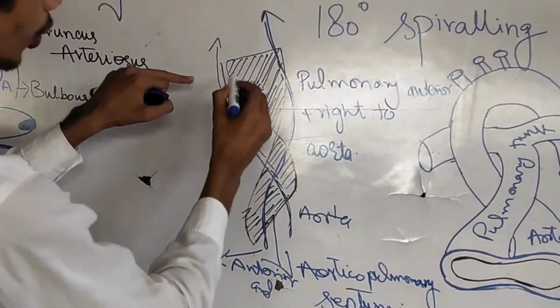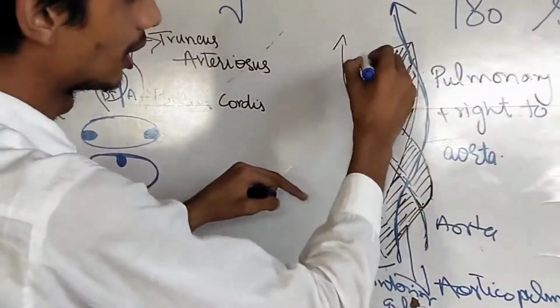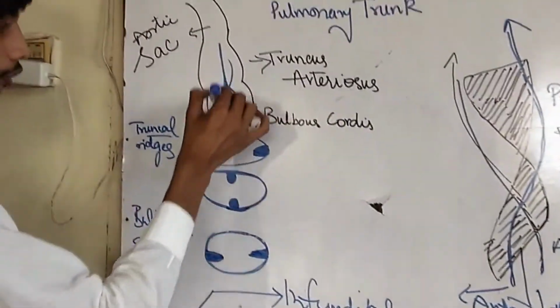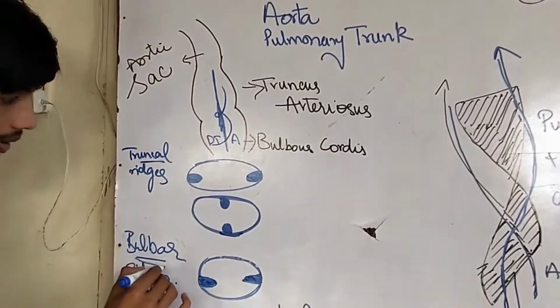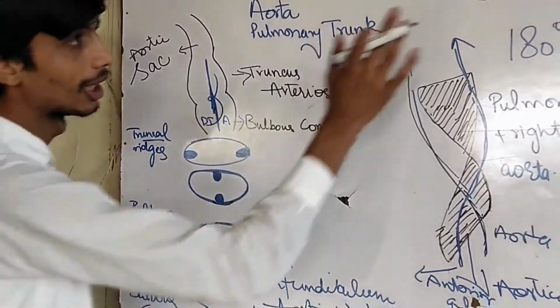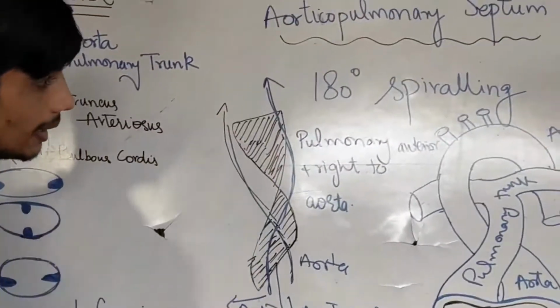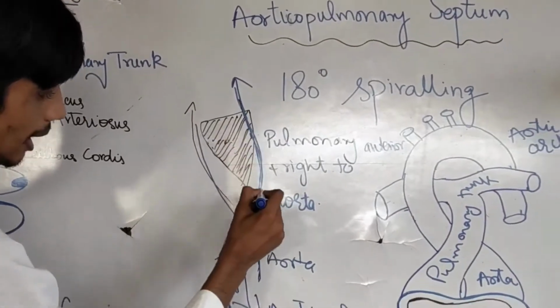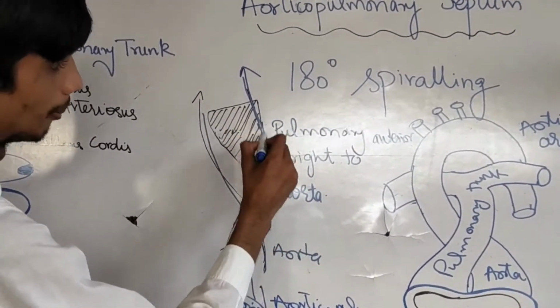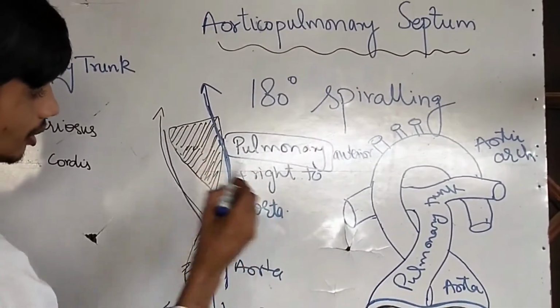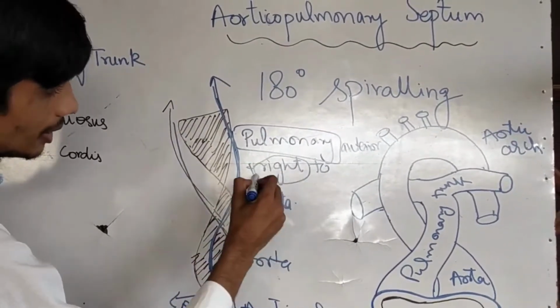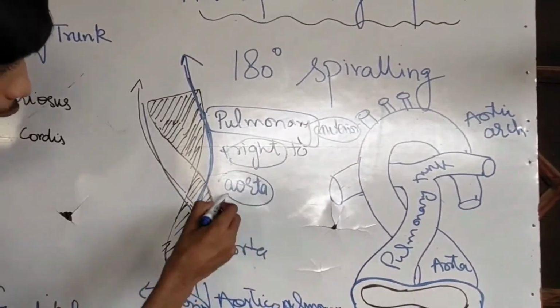This is the aorticopulmonary septum after spiralization. First of all, the truncal and bulbar ridges fuse together, forming the aorticopulmonary septum, and then there is spiralization resulting in the pulmonary trunk being on the right and anterior to that of the aorta.